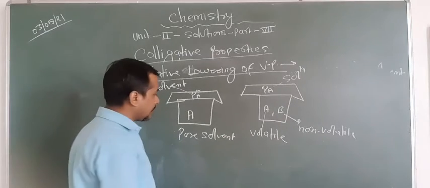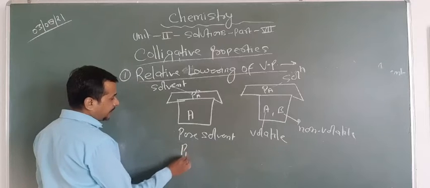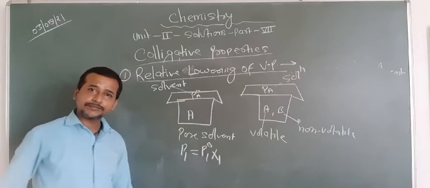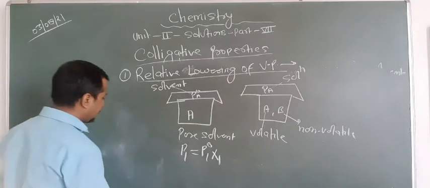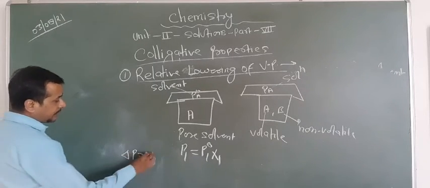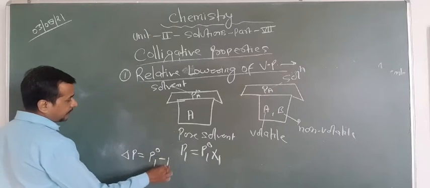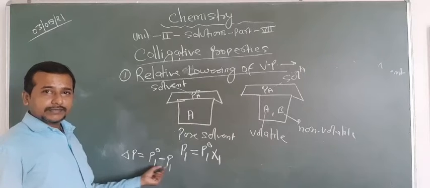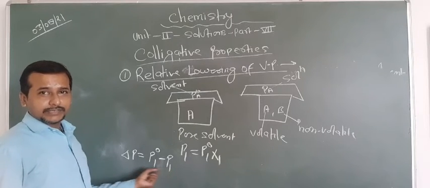So according to Raoult's law, we know that P1 equal to P01 X1. Now what happens here? Reduction in pressure takes place. So delta P equal to P01 minus P1. This is pure solvent and this is solution. Here the vapor pressure reduction takes place.